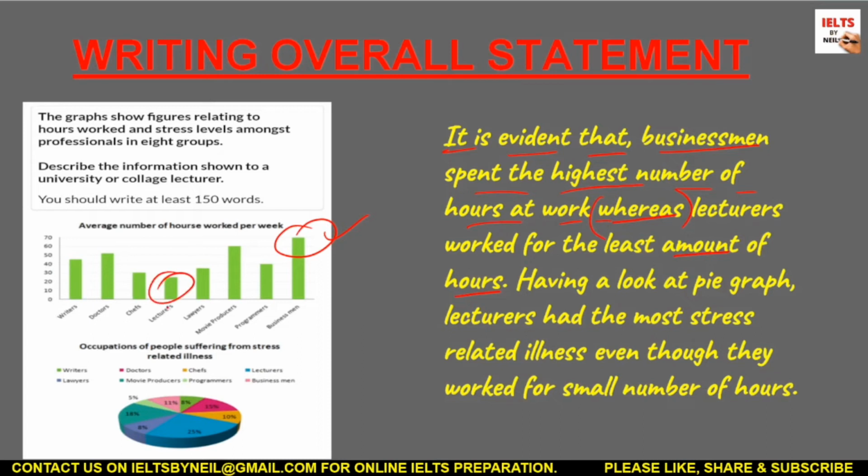So these lecturers here worked for the least amount of hours, right? So these are the main features for the first chart. And now let's have a look at the second chart. Having a look at the pie graph, lecturers had the most stress-related illnesses. This 25% is the highest, and this goes to the lecturers, right?